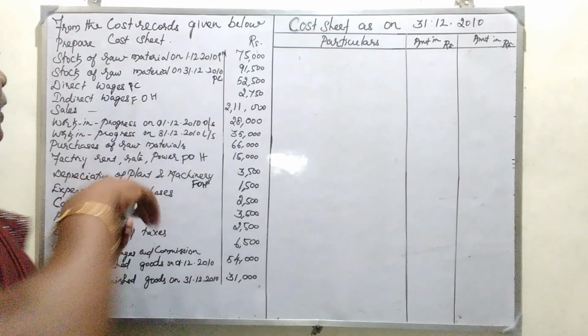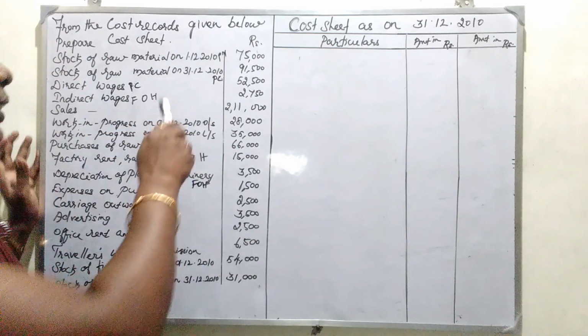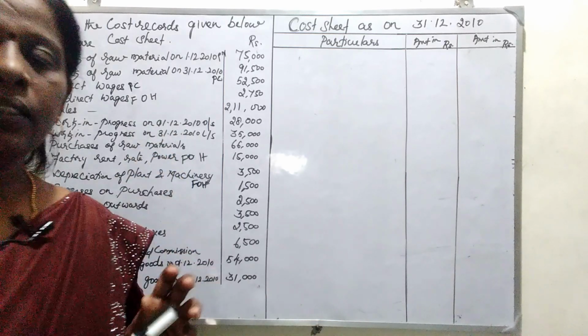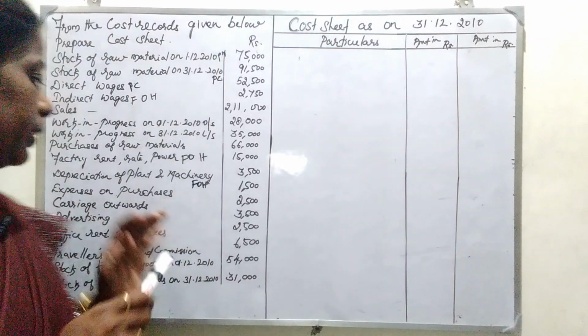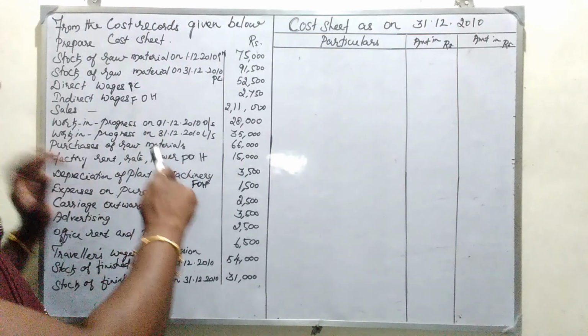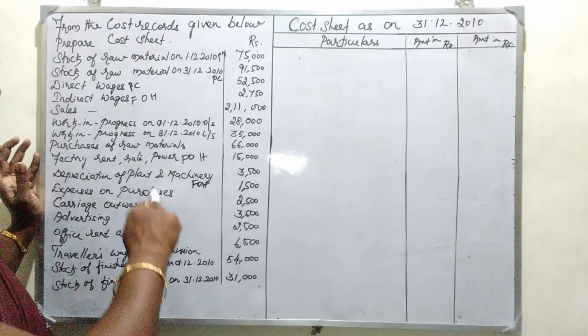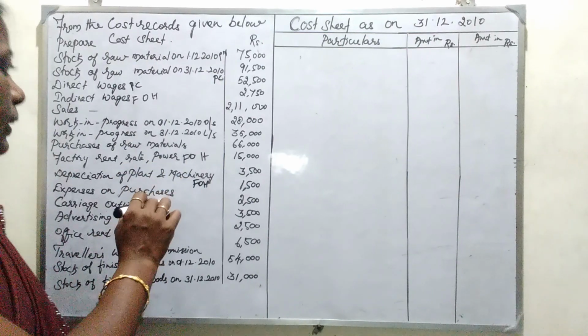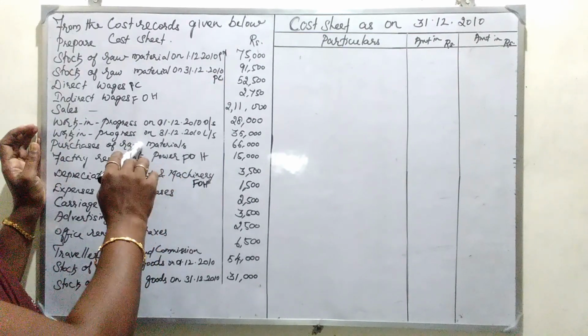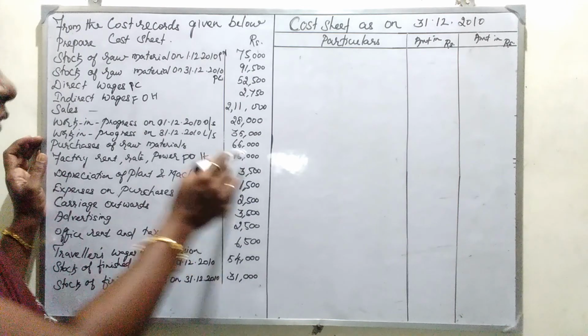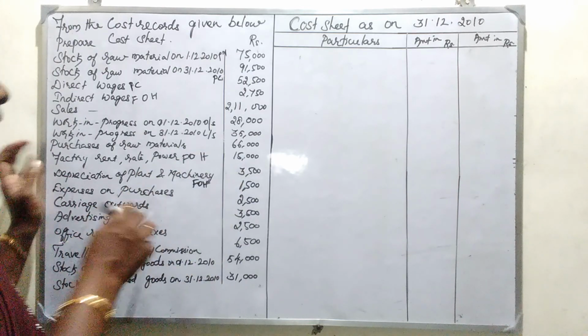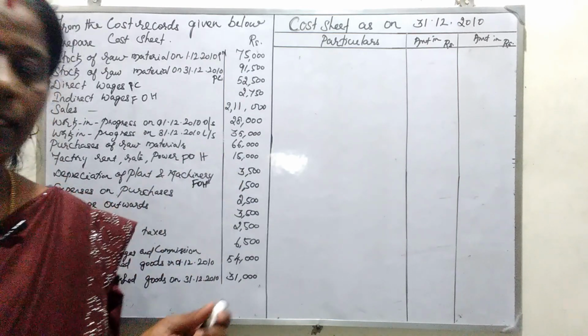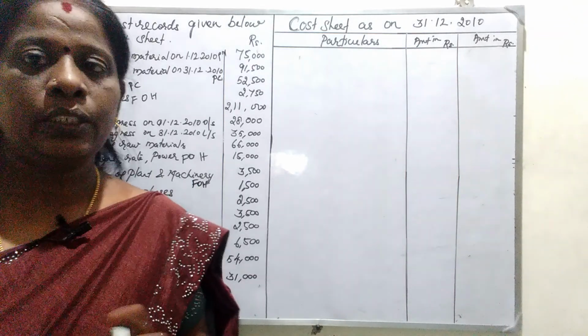Next, expenses on purchases. These are the expenses which occur for the purchases of raw material, so we have to add this with the purchases of raw material. Then carriage outwards. Carriage may be inwards or outwards.